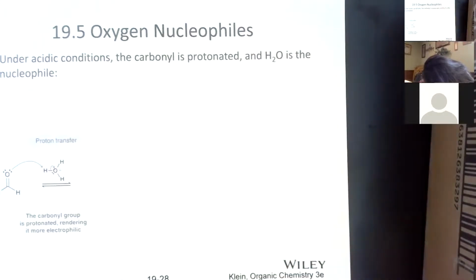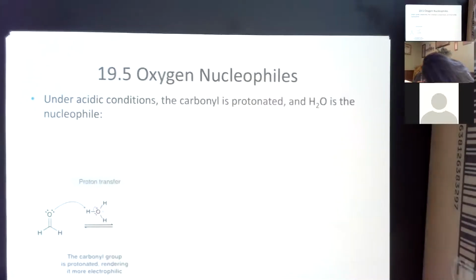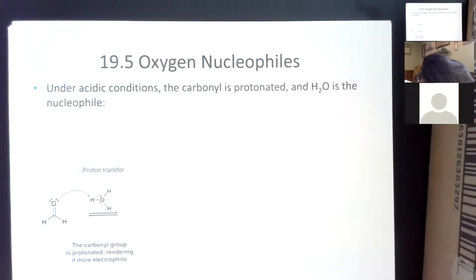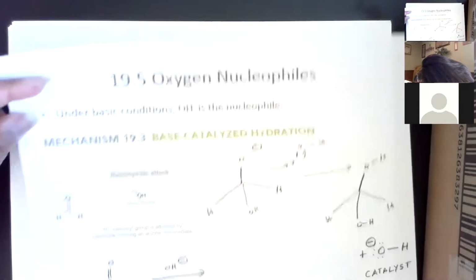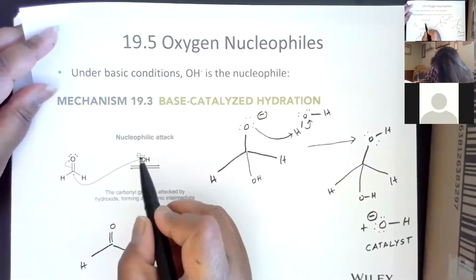So you need an acid. With water, you needed a base, so you had OH minus. For this, you need an acid. And look at which part of the carbonyl is attacked. It's the oxygen of the carbonyl that is attacked. These are simple things to keep in mind, and very useful when it comes to writing mechanisms.